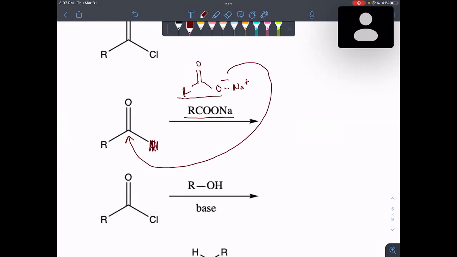So by doing that, what carboxylic acid derivative do you think this yields? Yeah, anhydride. You're adding another carbonyl onto the existing carbonyl. If you have two carbonyls with an oxygen in the middle, it's called an acid anhydride.